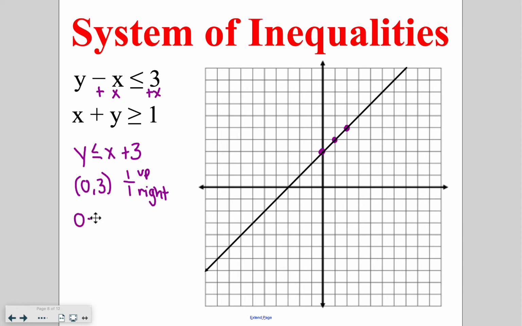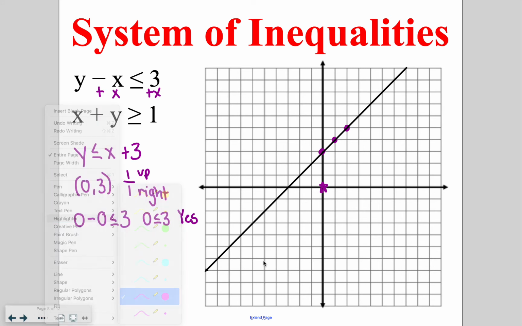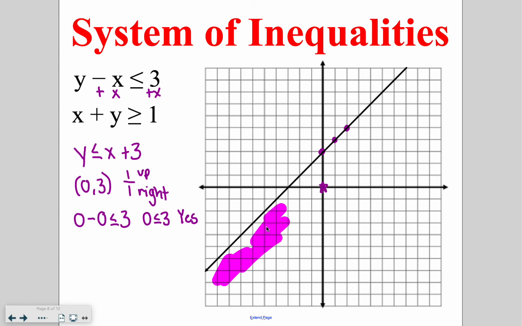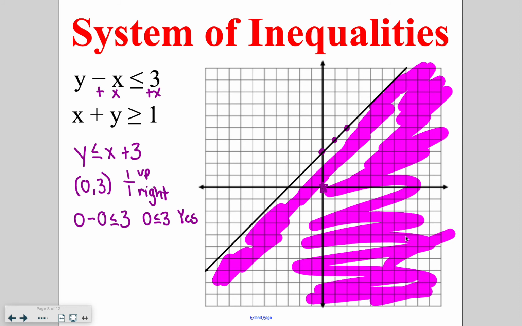So 0 minus 0 is less than or equal to 3, giving me the statement 0 is less than or equal to 3, which is going to be a true statement. So that means 0, 0 is included for this first inequality. So I'm going to highlight to the right of this line, which is going to give me everything over here.